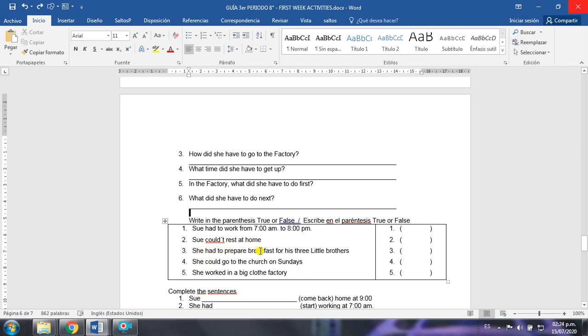She had to prepare breakfast for his 3 little brothers. 4. She could go to the church on Sunday. 5. She worked in a big clothes factory.